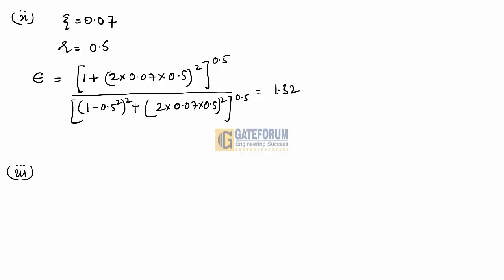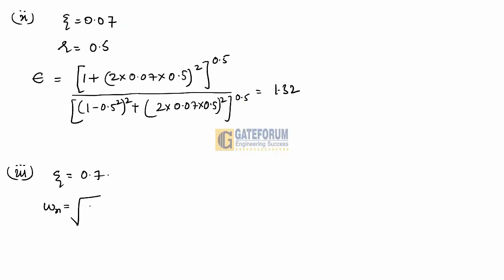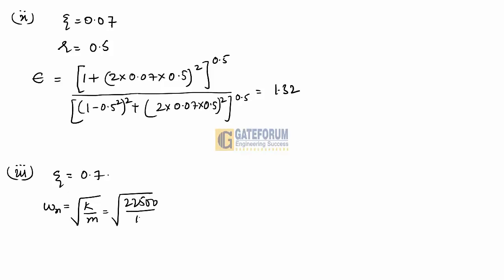Similarly, case 3, zeta is equal to 0.7 and we are modifying the frequency, that is, the stiffness. Omega n is root of K by M, that is 22,500 divided by 100, which is equal to 15, so 15 radians per second.